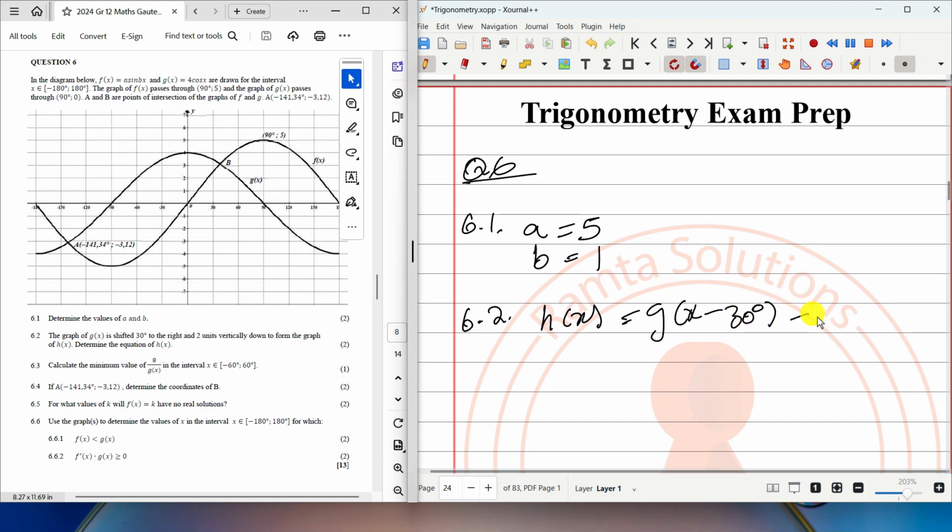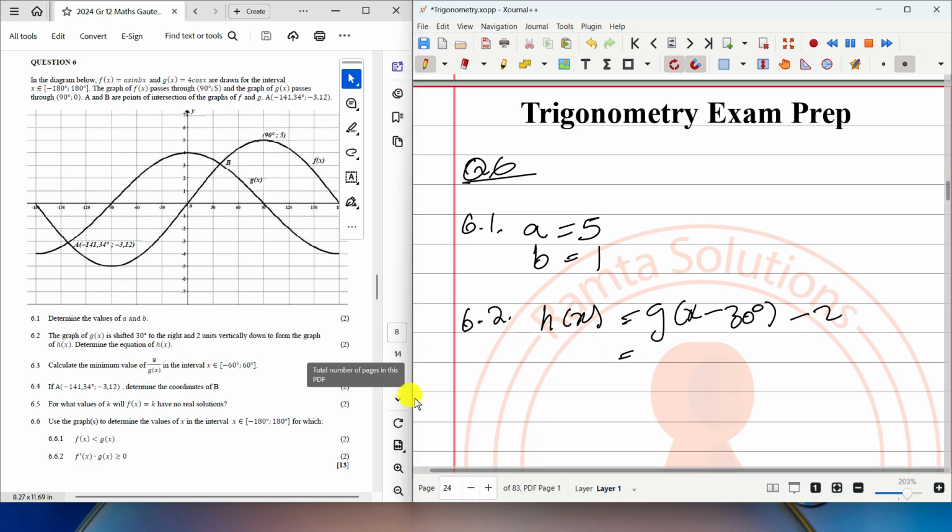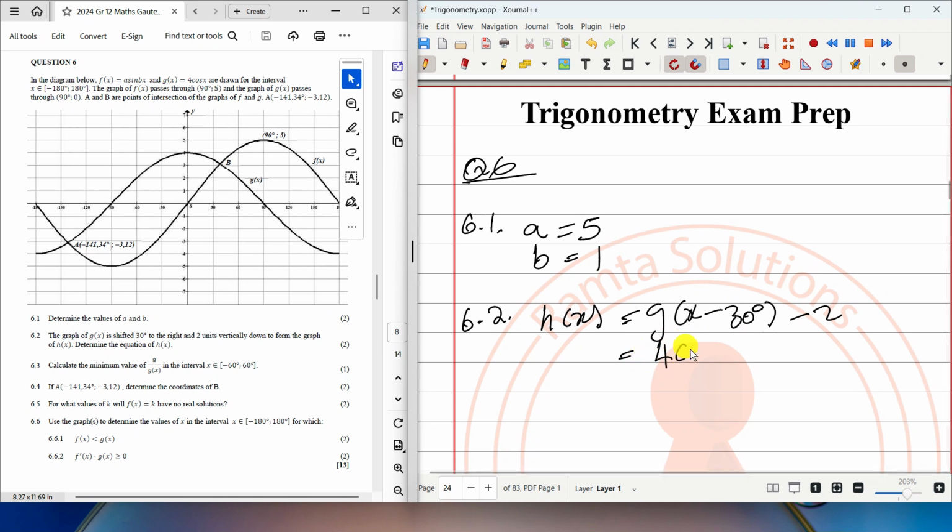And then 2 units downwards, so it's minus 2. Determine the equation of h of x. On g of x, where there is x, we put x minus 30. So this is cos(x - 30 degrees) - 2. That's it. We are done.